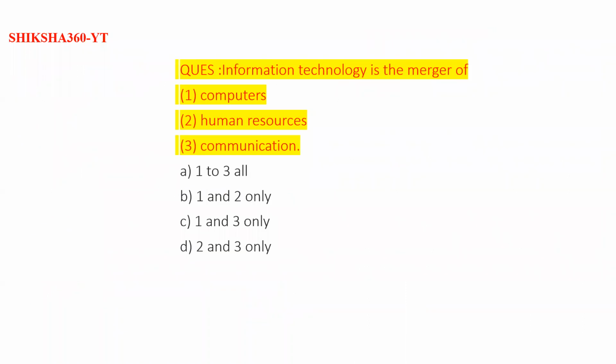Now one question in front of you; I think all of you are able to answer it. Information technology is the merger of computer, human source and communication. A option is 1 to 3 all, B option is 1 and 2, C option is 1 and 3 only, D option is 2 and 3 only.